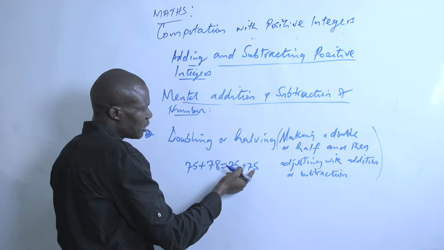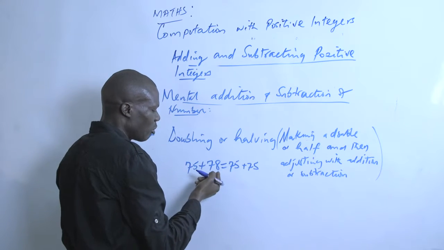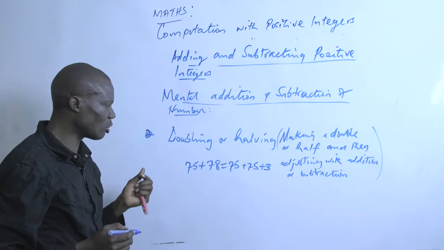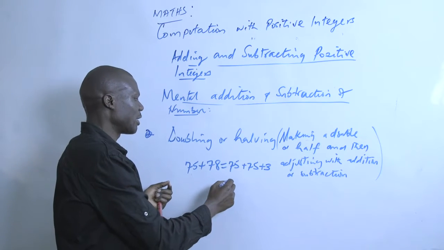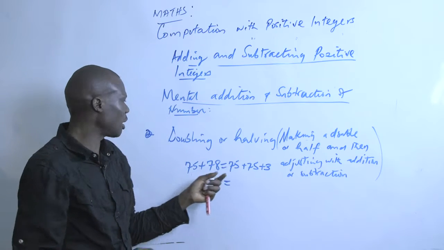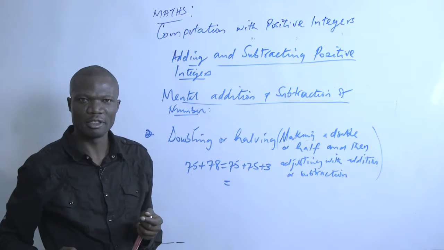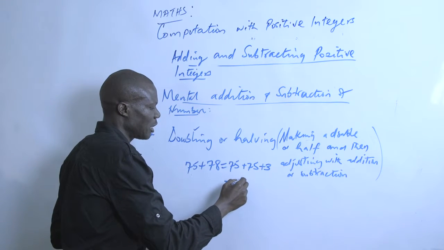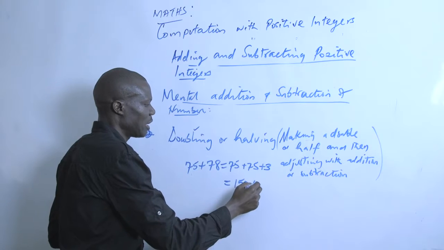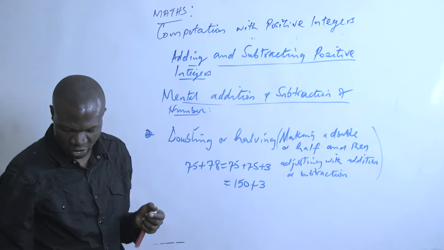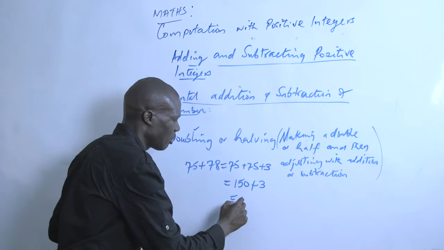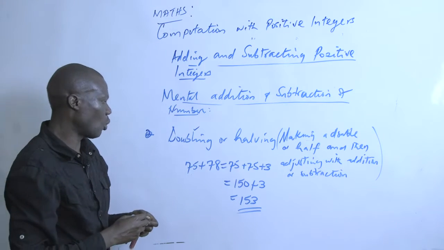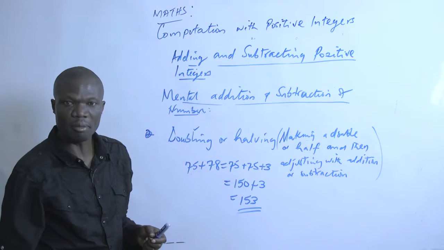From 78 to get 75, we removed 3. So we should bring that 3 back. So you find that 75 and 75 has been doubled. So if we do that, you find that 75 plus 75 is 150, then add 3. Then the solution for this particular case is 153. That is our answer when we are using that particular method.